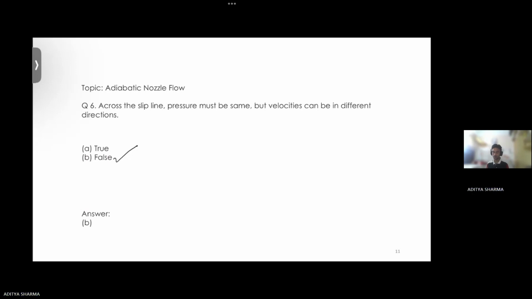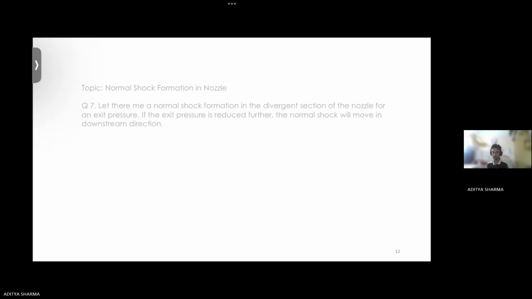Okay, so let's move on to the next question. The next question is based on normal shock formation in a nozzle.